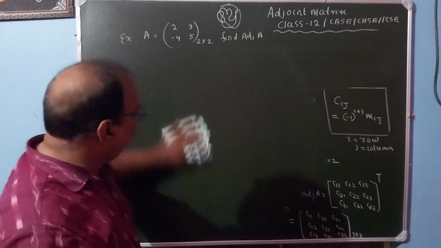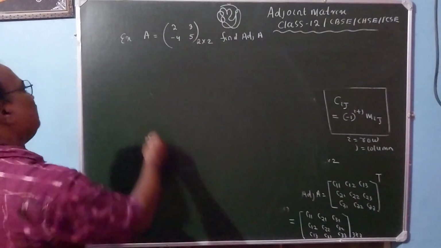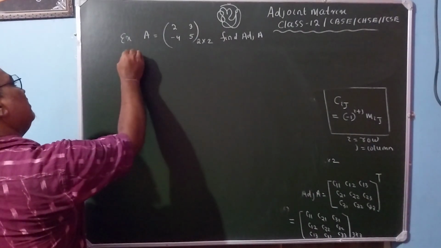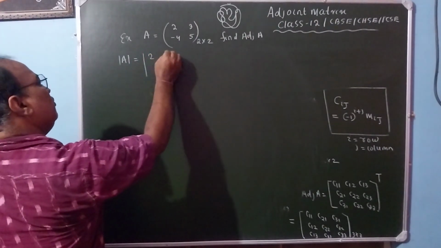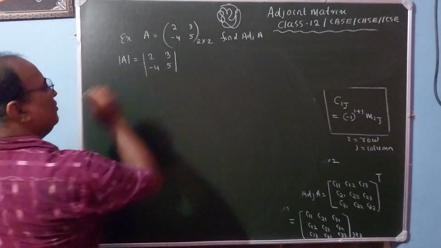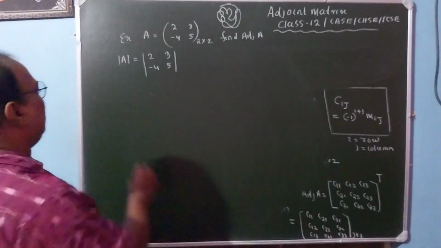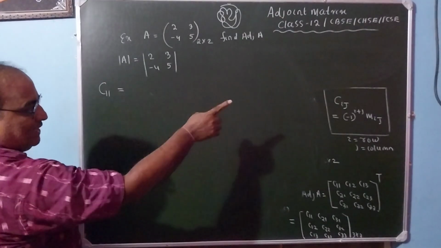How can you find the adjoint of it? First of all, you have to consider the determinant of it. Determinant means 2 times 5 minus 3 times -4. Now C11. i is 1, j is 1.